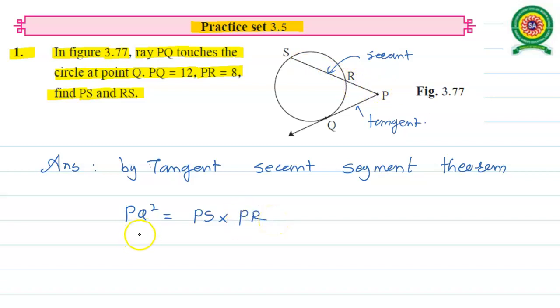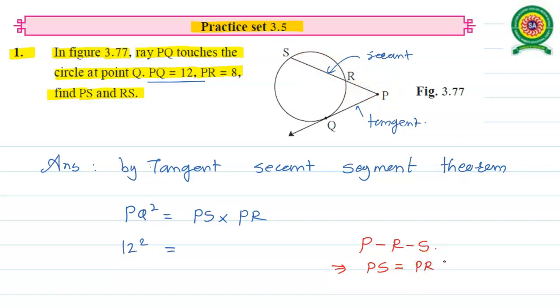Now look at it once carefully. We have given PQ equals 12. I am writing 12 square equals, now what is the value of PS? Here the points P, R and S are collinear, so we can write PS equals PR plus RS.